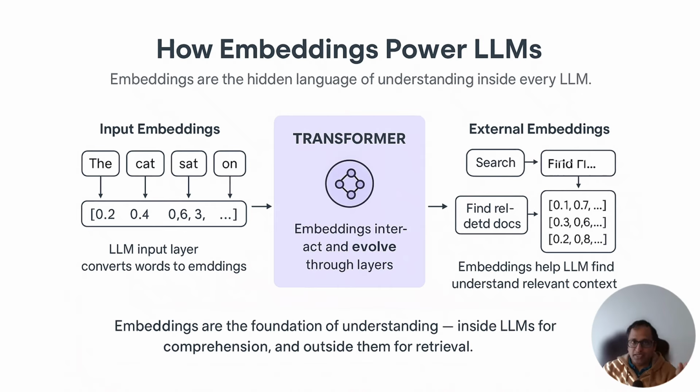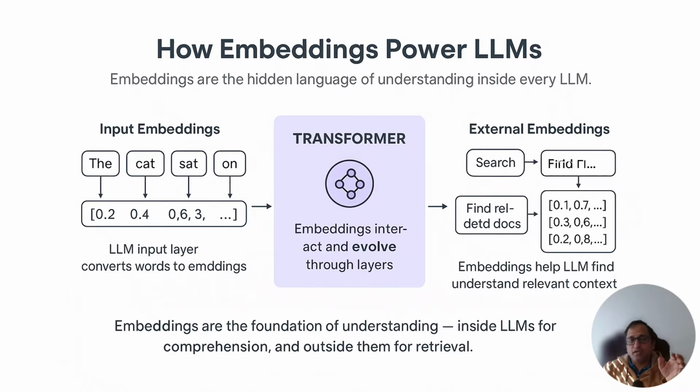When you type a sentence, each word or token is converted into an embedding. Again, an embedding is a numerical way to represent a word that captures the meaning and the context. These embeddings are then passed through multiple transformer layers, where the relationships between words are learned using the attention mechanism. So the embeddings are literally how the LLM thinks.